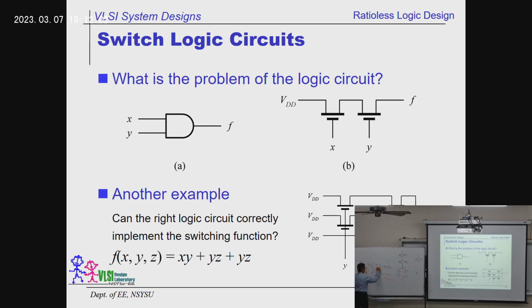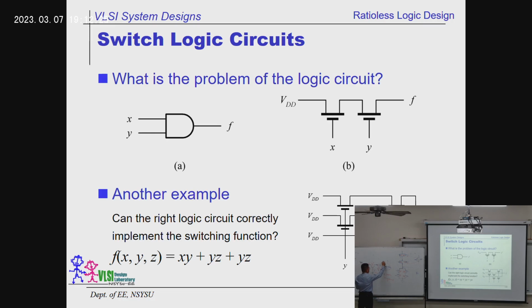See, you have a parasitic capacitor over here. Since this one is cut off, how can the voltage and the charge here be discharged to ground? It's impossible, right? So this will stand there for a while.